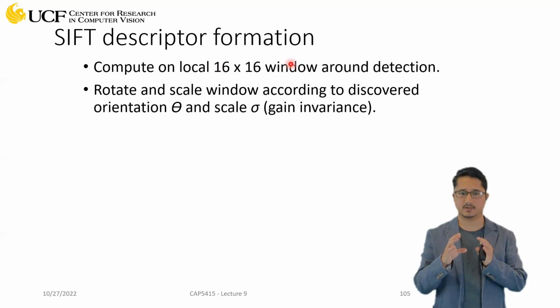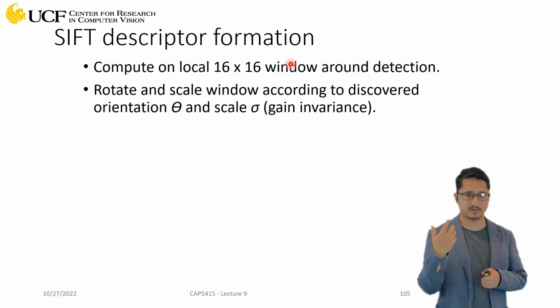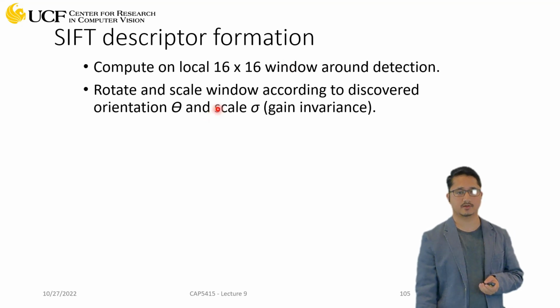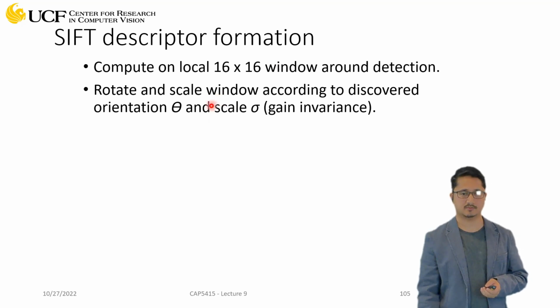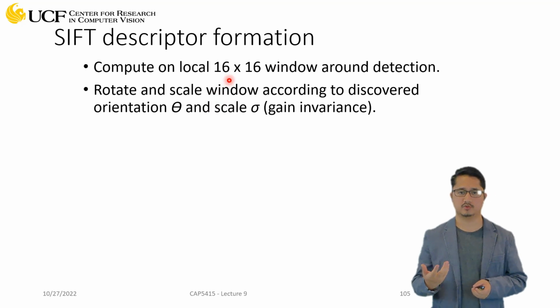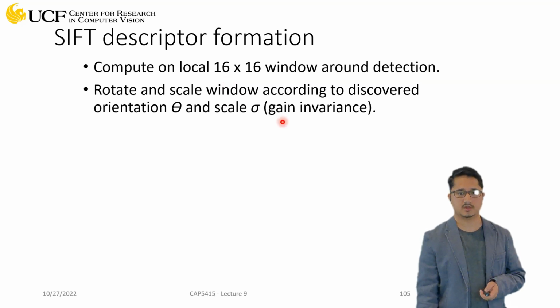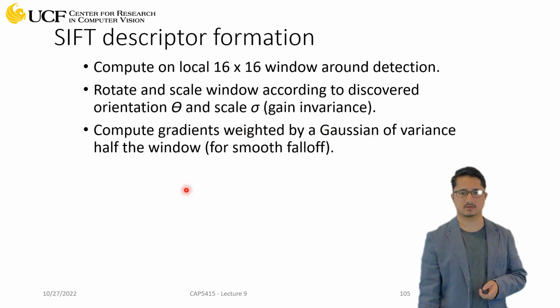For example, if the scale is very big, your patch size will be big, but again, you will have to do some adjustments. You can select resizing to make it 16 cross 16. If the scale is very small, it could be that in that region you don't have 16 cross 16 pixels. Then you'll have to perform some kind of interpolation, or extrapolation, to make it 16 cross 16. And then you can just compute gradients for that window. And again, you can use a smoothing filter or not. So all that is fine.